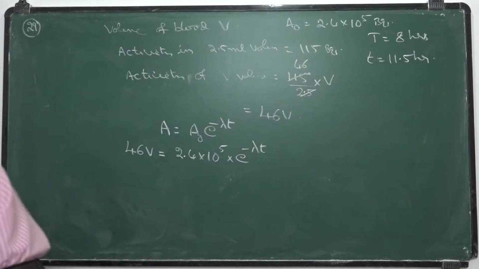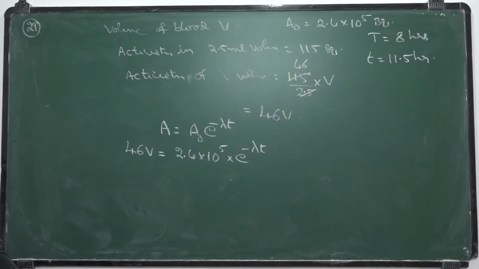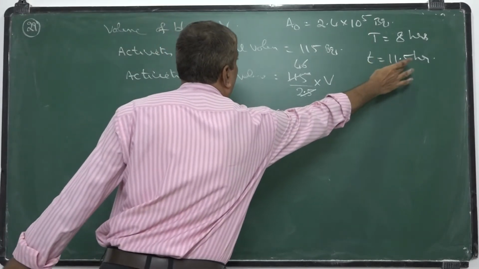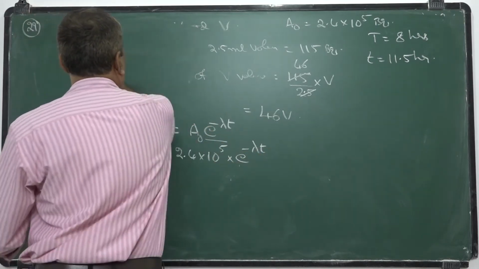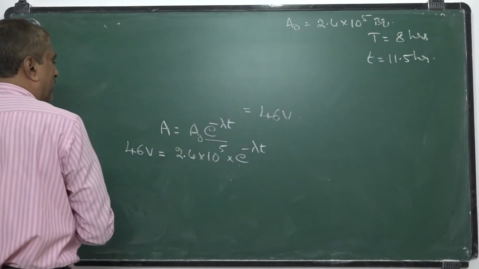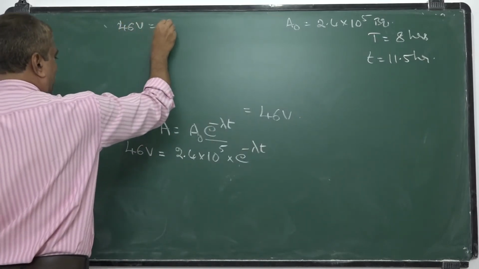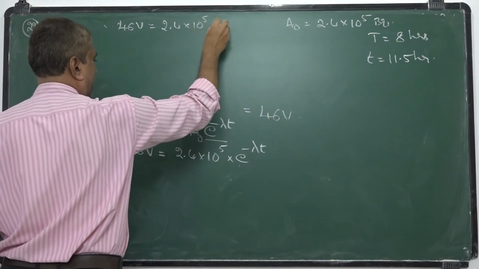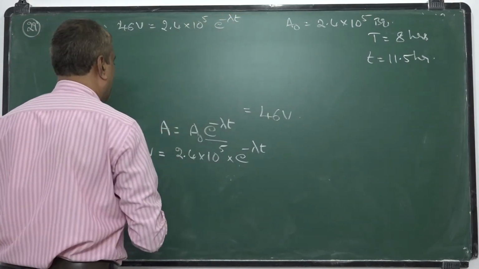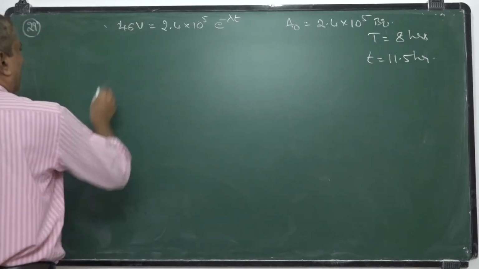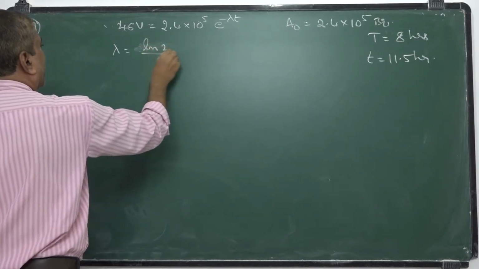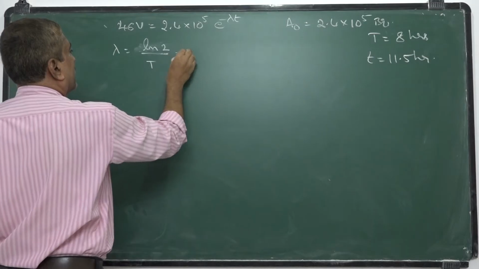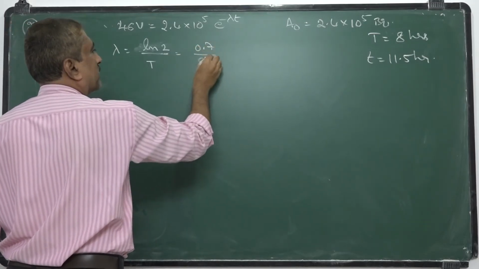Is that clear? Okay. So this time is given as 11.5 hours. So now we have to calculate this e power minus lambda t. So write it as 46 V equal to 2.4 10 to the power 5 e power minus lambda t. Now lambda is equal to ln2 by t half, that is 0.7 by 8 hours.